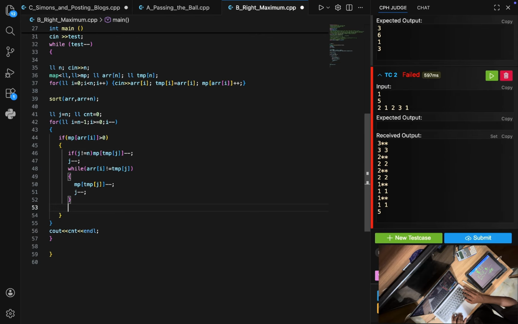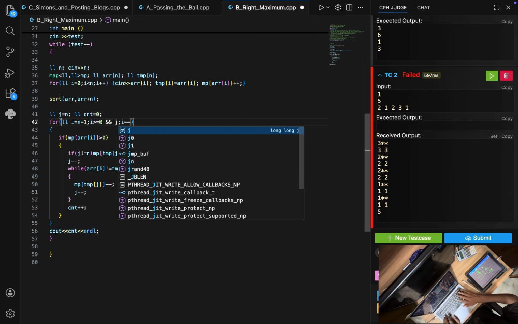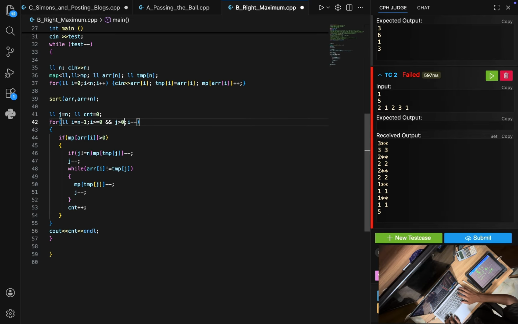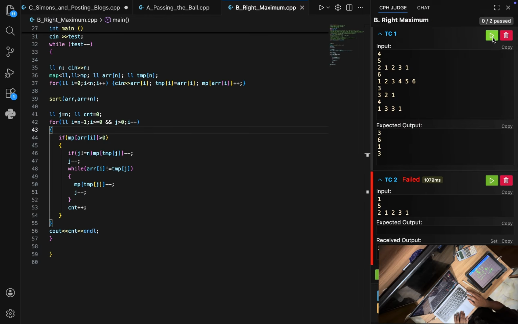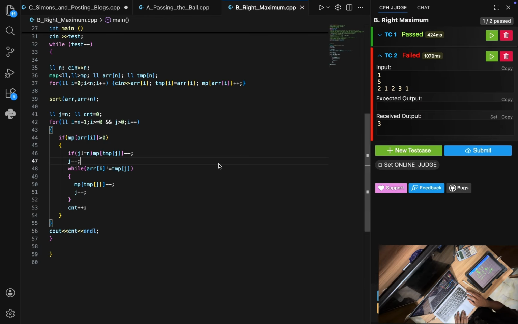Okay, then count plus plus, and j greater than 0. Three passed.